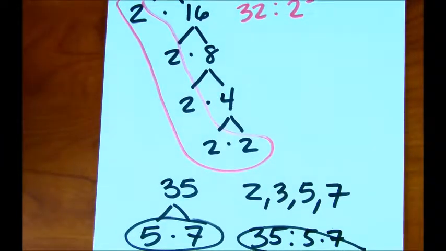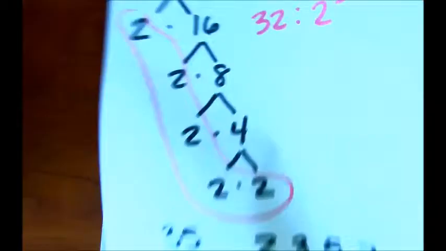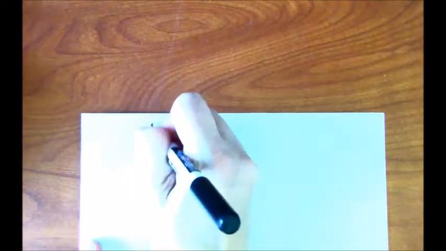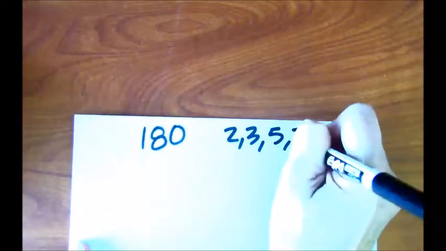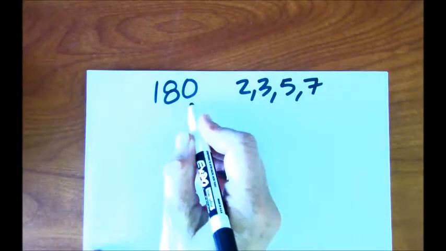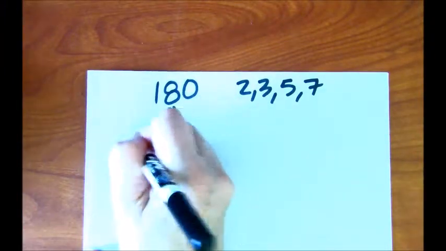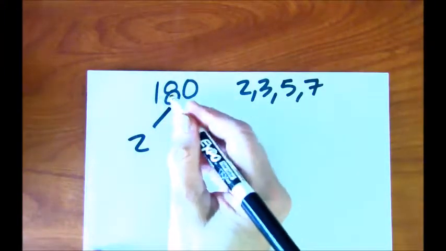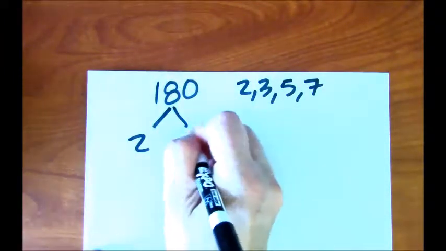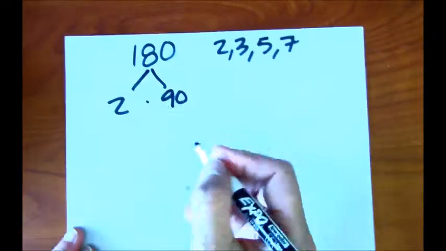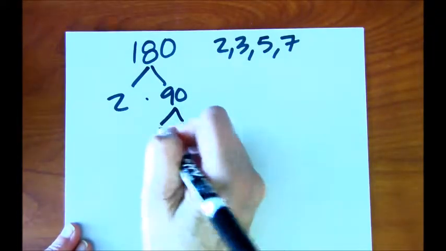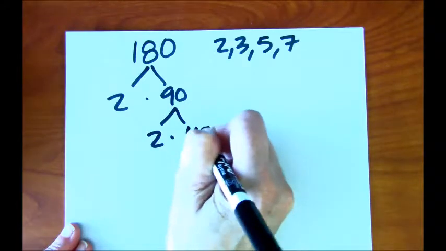Let's do one more. Let's do a really big one. Let's take 180. Again, 2, 3, 5, 7, and it could go on, but I think we'll be okay. This is an even number, so 2 goes into it. 2 goes into 18 9 times, so this is going to be 90. 2 goes into 90 45 times.